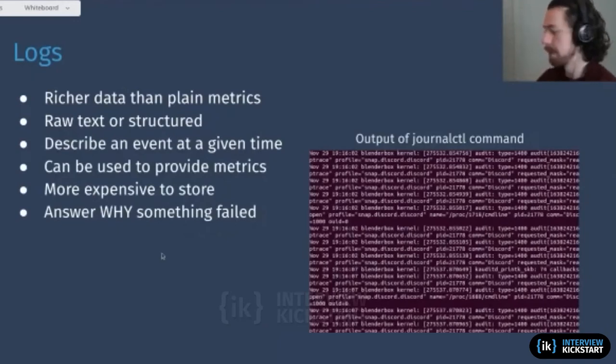Logs. Logs are a little more complicated when it comes to storage and indexing, but still pretty straightforward on the surface. We're probably plenty familiar with logs being the text output that a process produces as it's doing its job. We'll get into this when we get to the logging topic later, but logs get closer to answering why something failed.